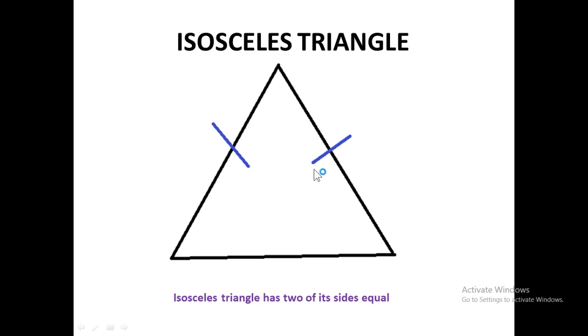That's why you're having a stripe here, another stripe here, showing that the two sides are equal. This is a stripe here, another stripe here, showing that these two sides are equal. So whenever you have a triangle and you are told that two sides are equal in that triangle, that means that triangle is an isosceles triangle.